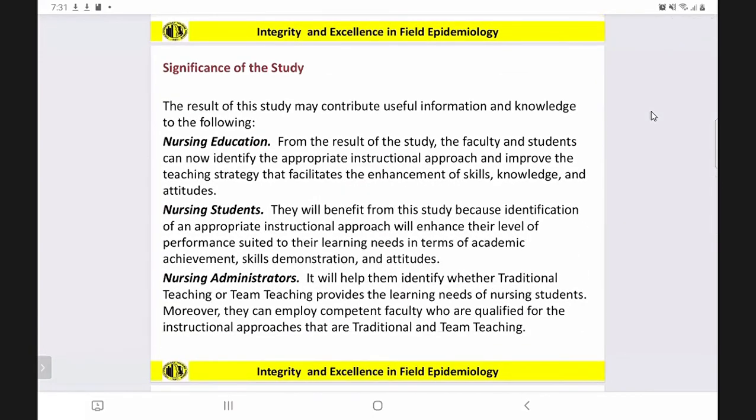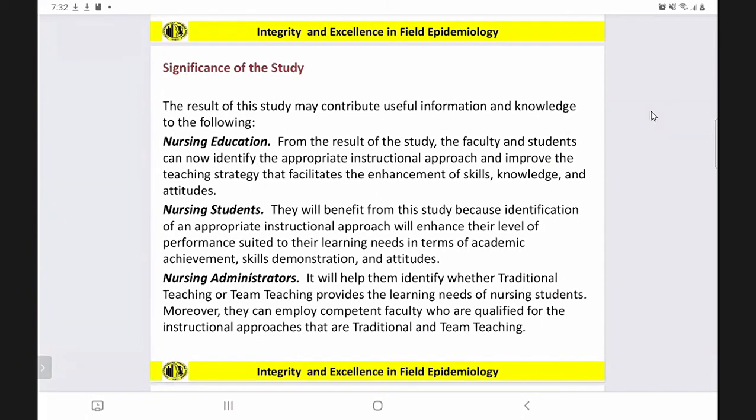Okay, so this is an example. The result of the study may contribute useful information and knowledge in the following. The topic that we discussed was about the nurses and how they perform in the hospital. So it was nursing education, nursing students.